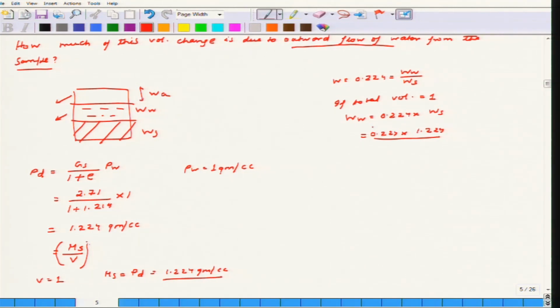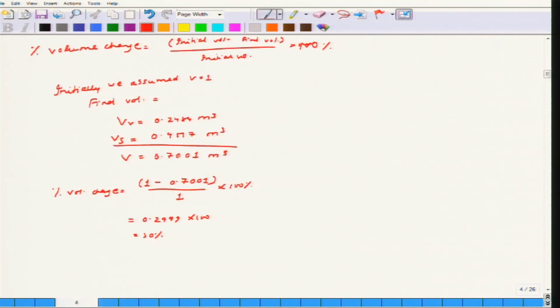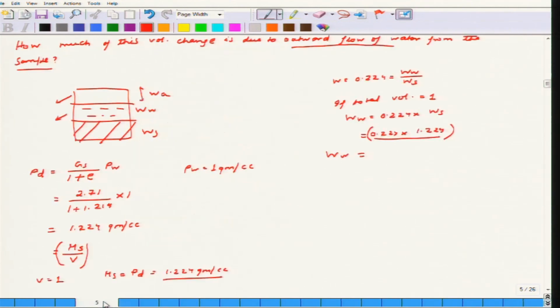So this is the initial weight of water, the total weight of water that the sample initially consisted of. Now what is the final weight of water? That is already known to us, because it is the volume of voids, 0.2484 meter cube.